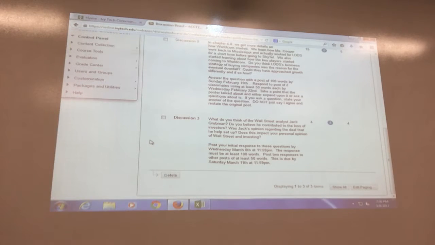So what do you guys think of Wall Street and investing, with people who analyze things or are involved in the deals themselves? What are your thoughts? Do you think it's a good thing or a bad thing? Anybody?